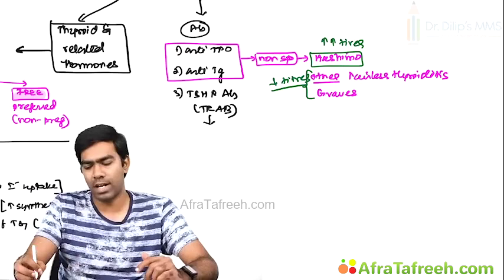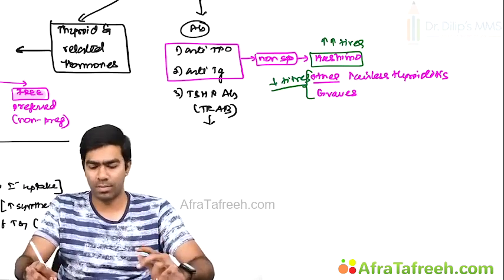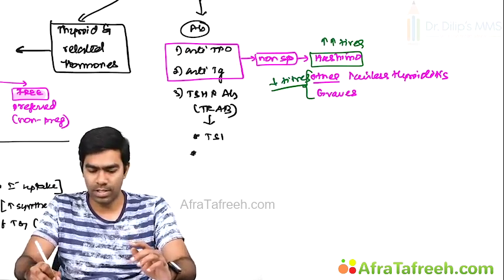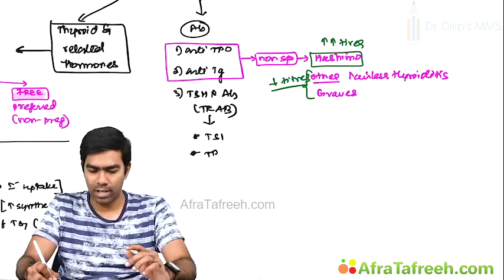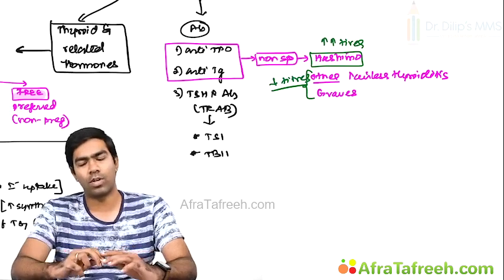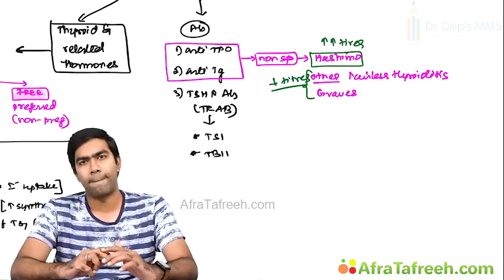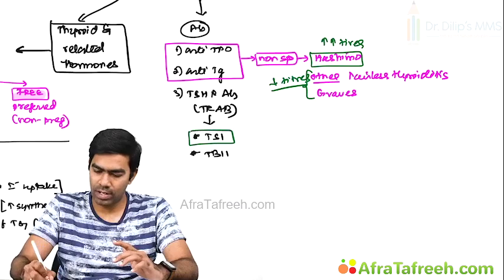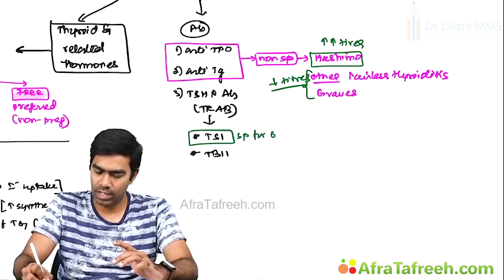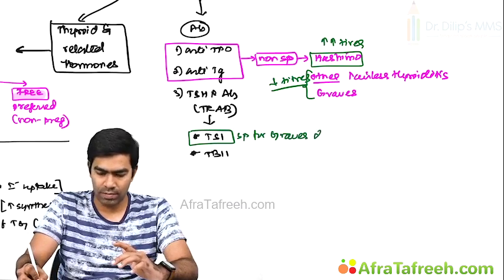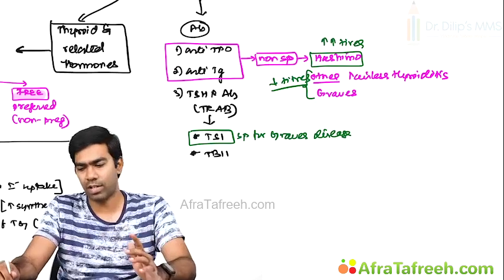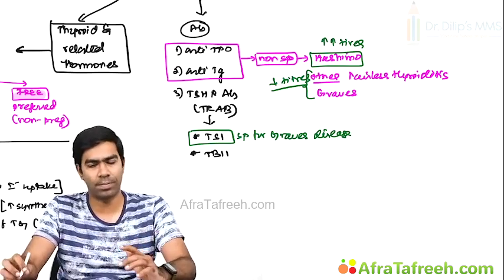Now for TSH receptor antibodies, you have two different types. One is called the thyroid stimulating immunoglobulin, that stimulates the TSH receptor, and the second one is the thyroid binding inhibitory immunoglobulin, called TBII. Remember, TSI is relatively more specific for Graves' disease. In fact, whenever this antibody is found, I'm going to take it for granted that this is Graves' disease only.